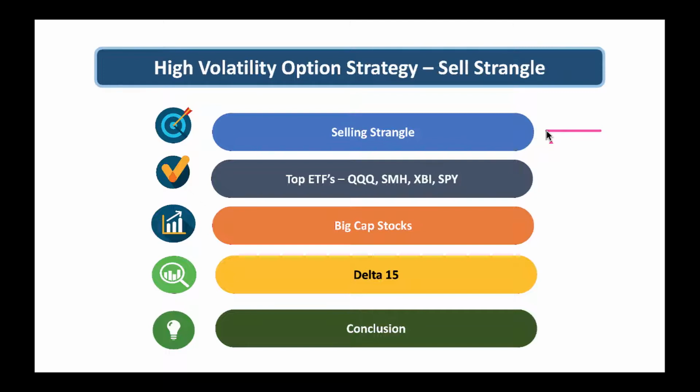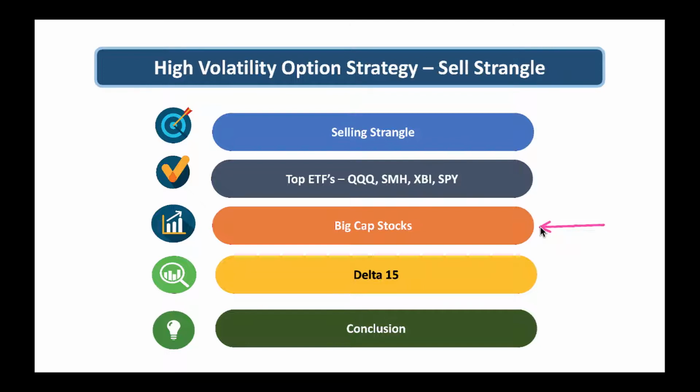I like to keep it very safe, so I typically sell it on the big, huge ETFs like QQQ, SMH, XLK, SPY, and I would even do it on IWM, which is another big ETF. Sometimes I also do it on big cap stocks like Apple, Microsoft, Nvidia.